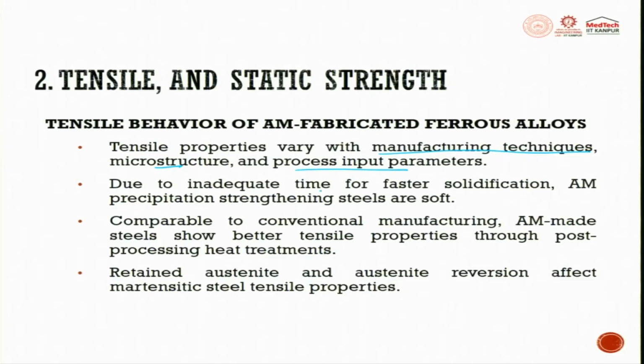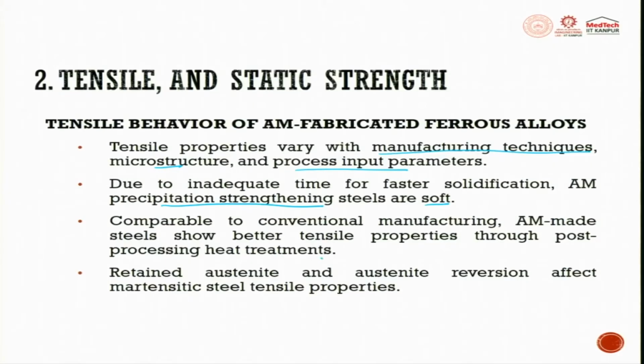Due to inadequate time for solidification, AM precipitation strengthening steels are soft. Compared to conventional manufacturing, additive manufactured steel shows better tensile property through post-processing heat treatment. By choosing a proper heat treatment, that means you are trying to reduce the residual stress and make the grains a little coarser.